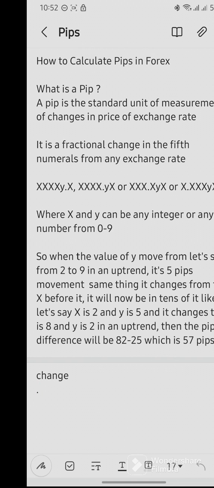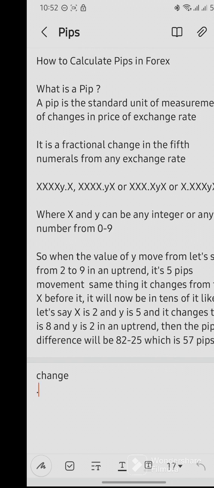So for example, you have 19,500, which is a 5 digit number. The 0 is the Y inside now. Then it goes to 19,502.